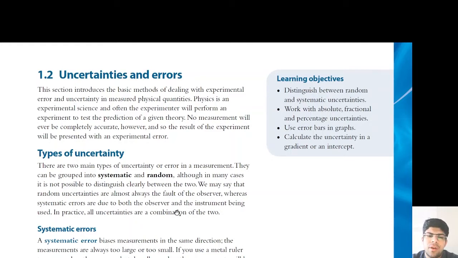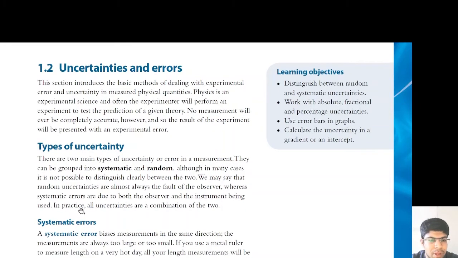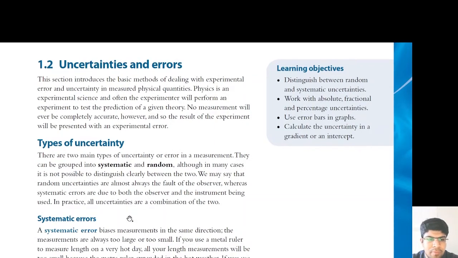Maybe if we take an example of an instrument like an old wooden scale, or a metal scale, the readings marked on the scale change after a certain period of time, as everything gets old with wear and tear. So in practice all uncertainties are a combination of the two.